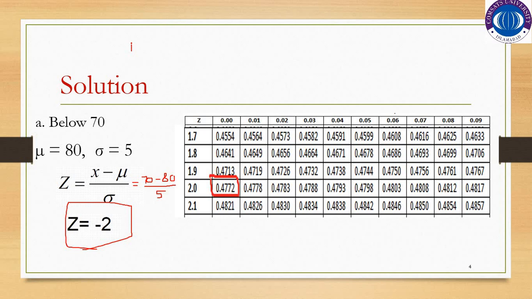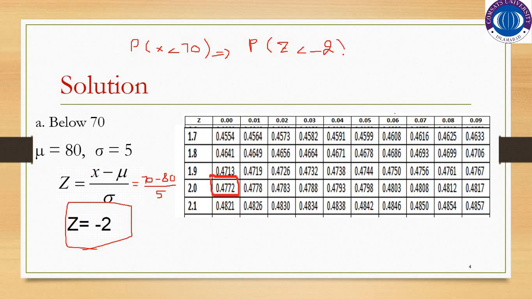So the probability x less than 70 will be converted into probability z less than minus 2.